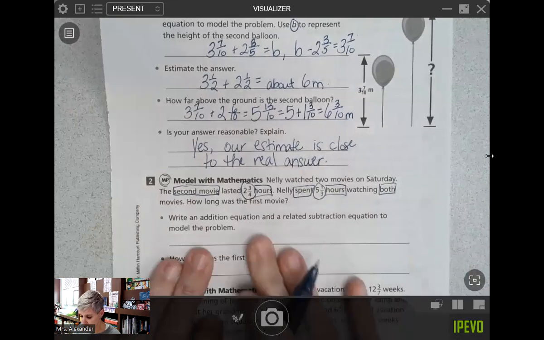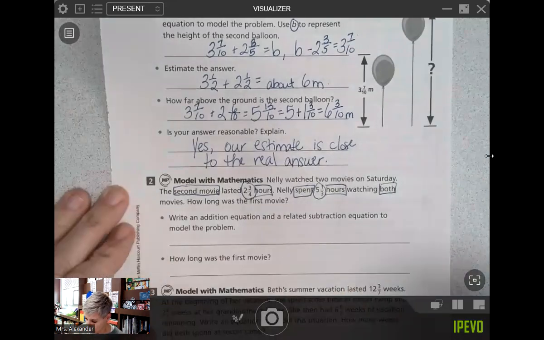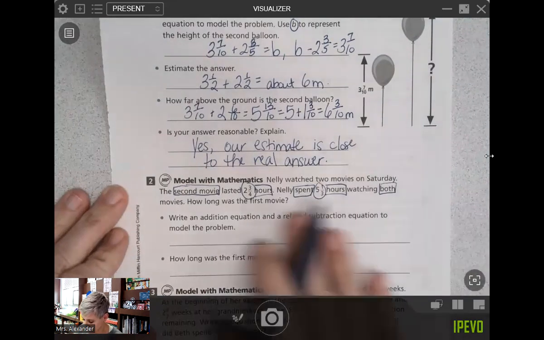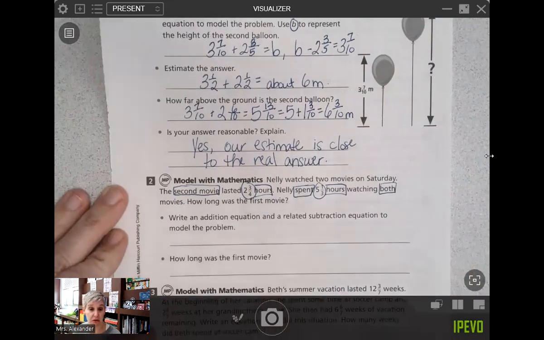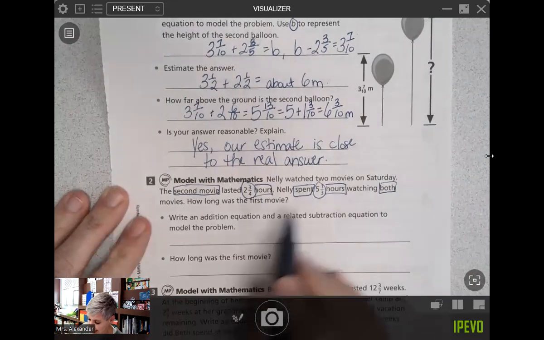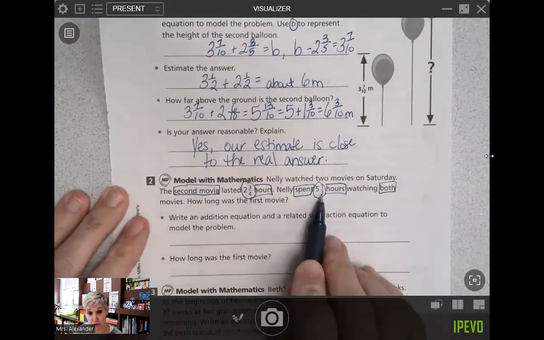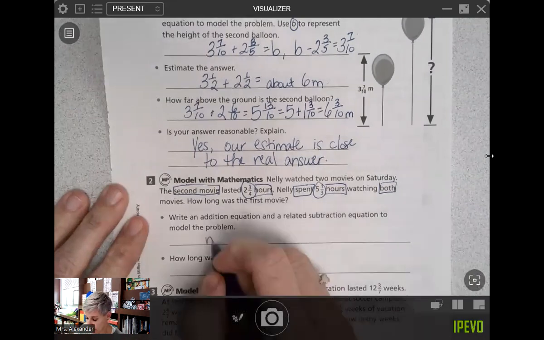So we need an addition equation and a related subtraction again. And they're not telling us a letter to use to represent how long the first movie was. We're going to just use an M for movie, okay? So both movies, I know the total for both movies. What I don't know is movie 1.